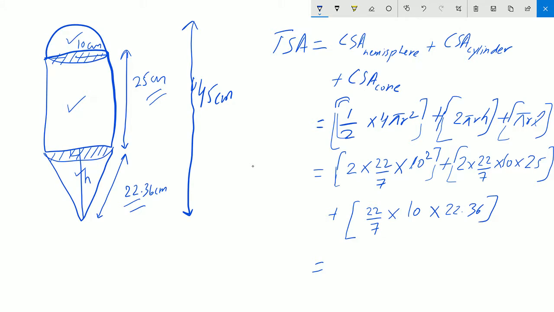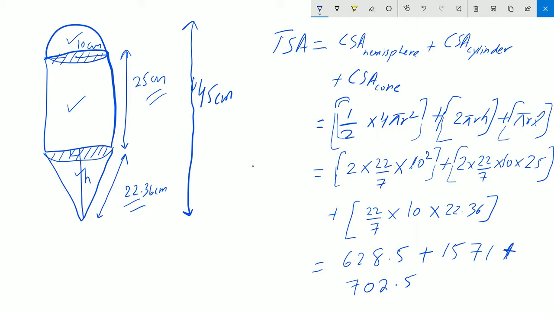Now calculating this, the curved surface area of the hemisphere turns out to be 628.5. The curved surface area of the cylinder is 1571, and the curved surface area of the cone, we have 702.5.